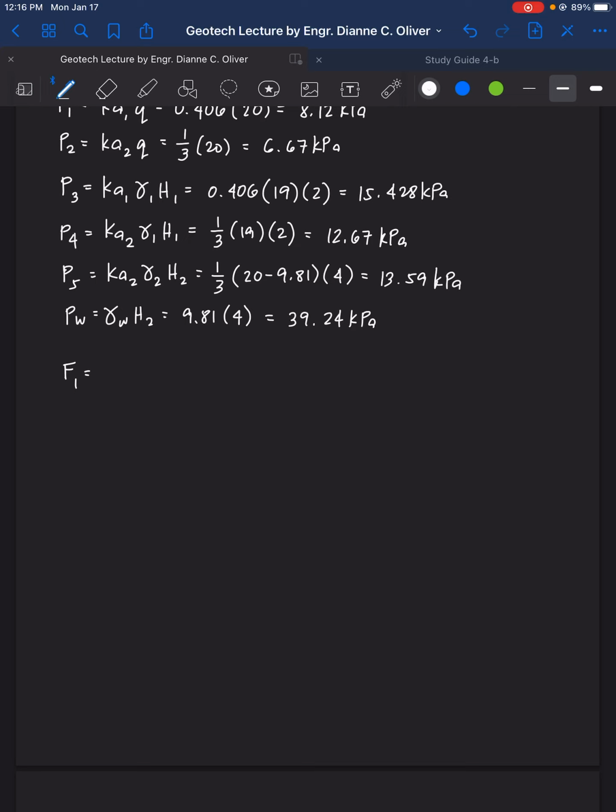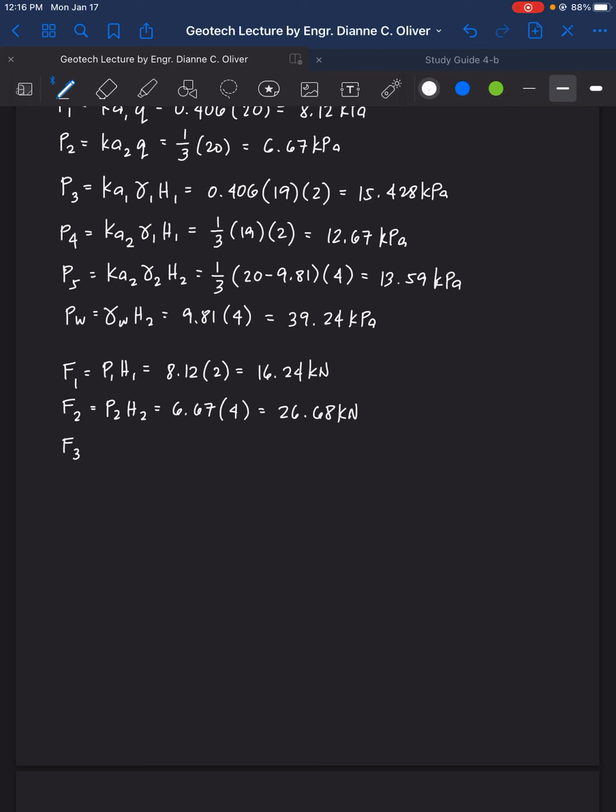So F1 is P1 H1, equal to 8.12 times 2, is equal to 16.24 kilonewton. F2 is P2 H2. You can always refer to the diagram on how I'm getting all this computation.